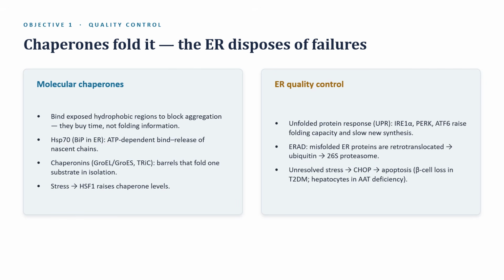Remember, the proteasome is for degradation. If the stress can't be resolved, the cell triggers apoptosis, or cell death. And that's exactly what kills beta cells in type 2 diabetes and hepatocytes in alpha-1 antitrypsin deficiency.